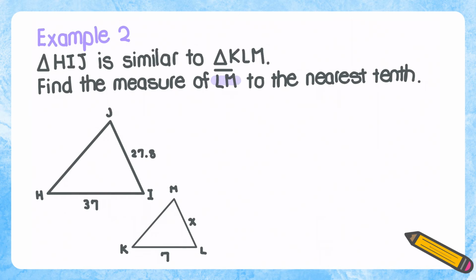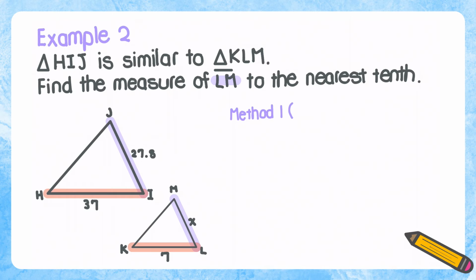So we're focusing on the side LM, and its corresponding side is side IJ. We also have another pair of corresponding sides. So based on this, let's set up a proportion using method 1.